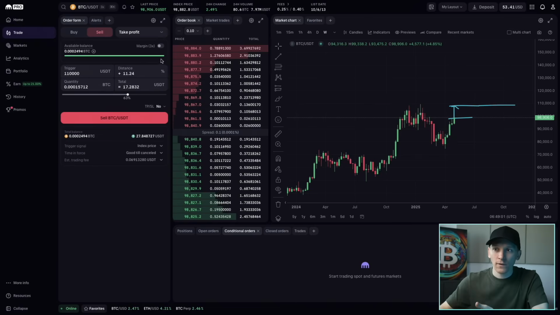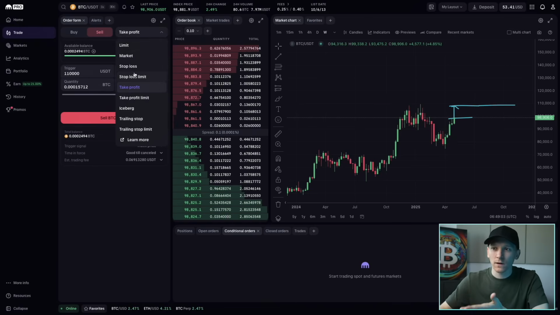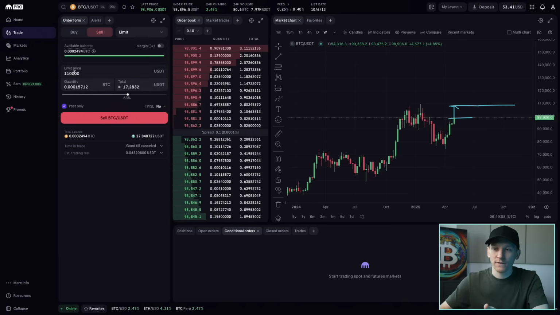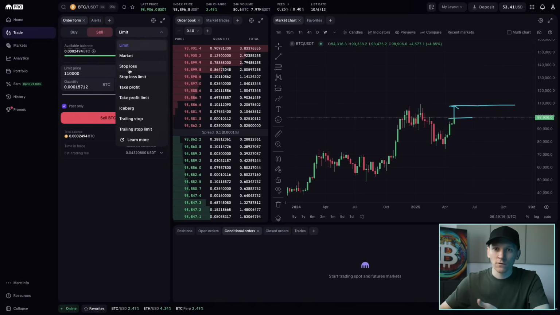Now, you can do that, or you can actually just use a limit order in this case, because we can put the limit price at 110, and that means that we sell at 110 or better if it's higher than that, right? So you can use a limit order in that case. That's why stop orders, or trigger orders as they're known, really are for stop losses and not for profits, because if you're taking a profit, you can just use a limit order.